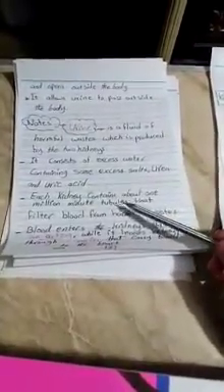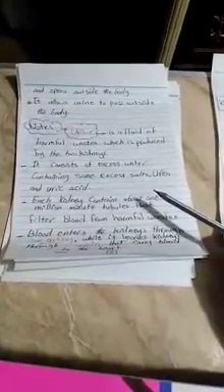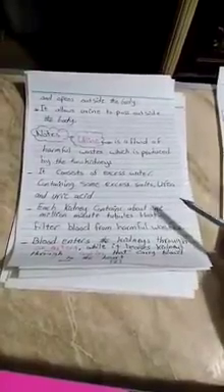Each kidney contains about one million minute tubules that filter blood from harmful wastes. Blood enters the kidneys through an artery, while the pure blood leaves the kidneys through a vein that carries blood to the heart.